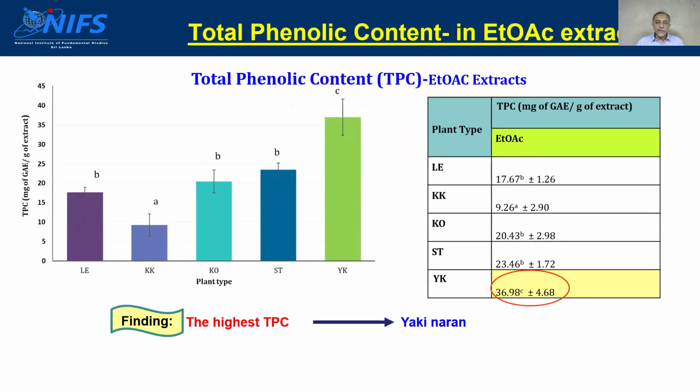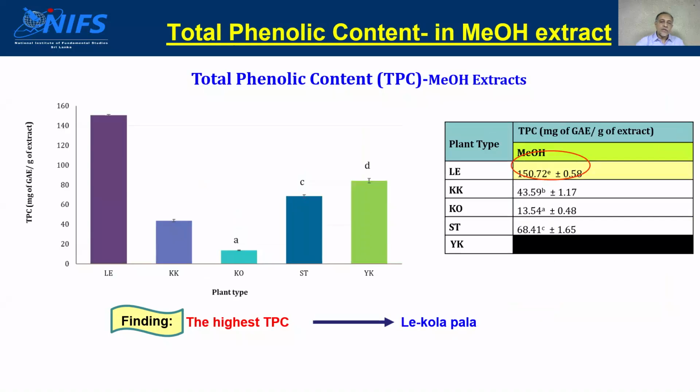Secondly, we investigated the ethyl acetate extract. In this also, the highest TPC content was detected in Yakinaran. Thirdly, we again investigated the TPC content of the methanol extract, and in this one, Licolapala was found to contain the highest TPC content among the 5 different leaf extracts.